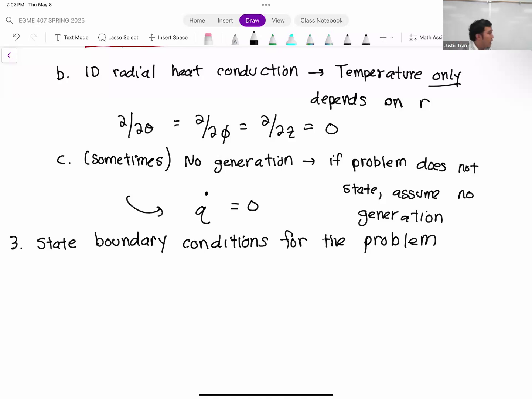Now, we're not going to apply these boundary conditions just yet. The boundary conditions are something that you apply near the end. But before you start integrating and before you start solving for the temperature, it's always good to state what the boundary conditions are.